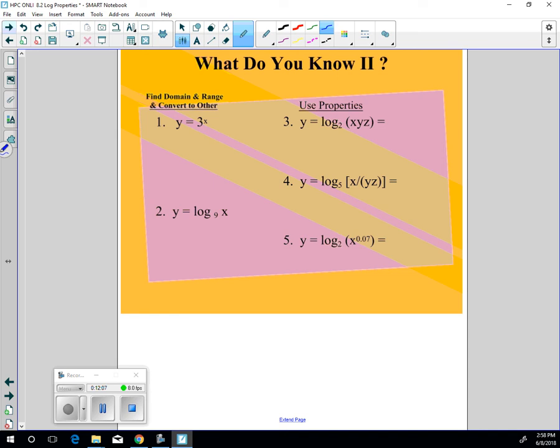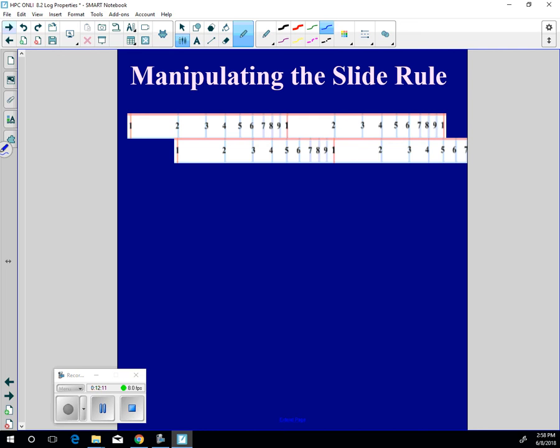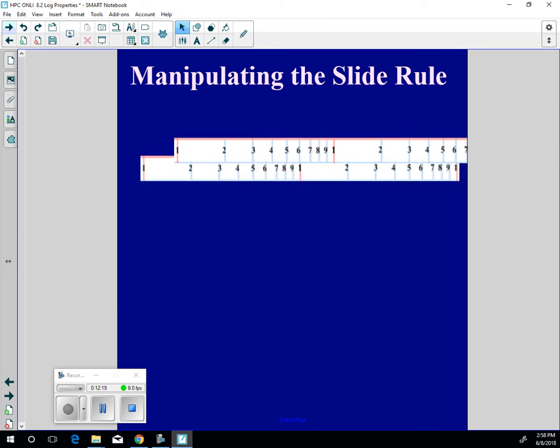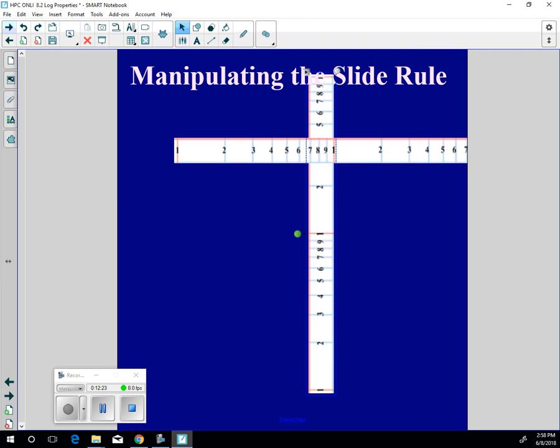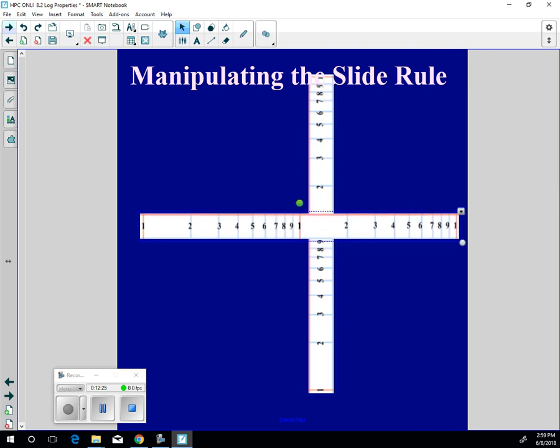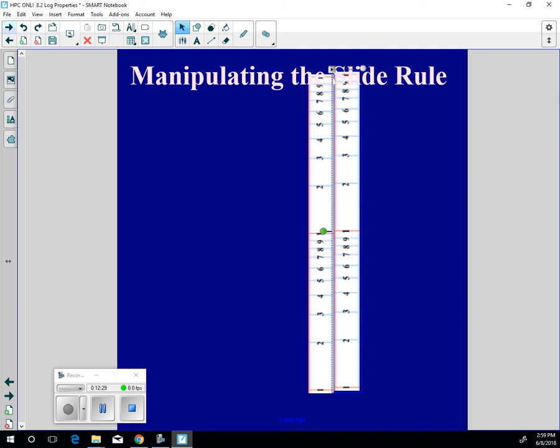These are some properties that we talked about already. I just wanted to share with you the slide rule. A slide rule is the weirdest thing ever. All it is, is 2 exponential graphs lying side by side.